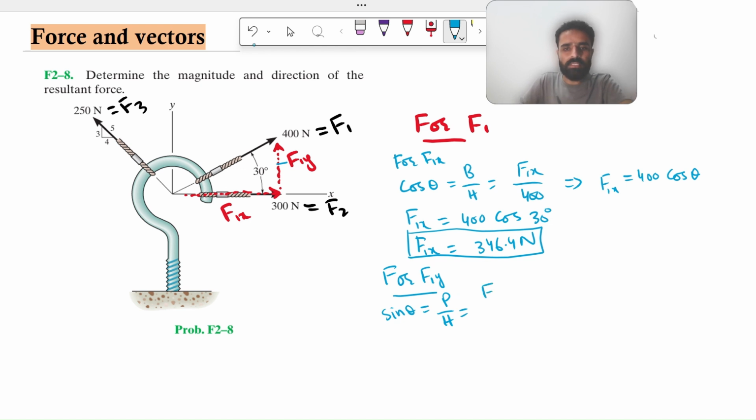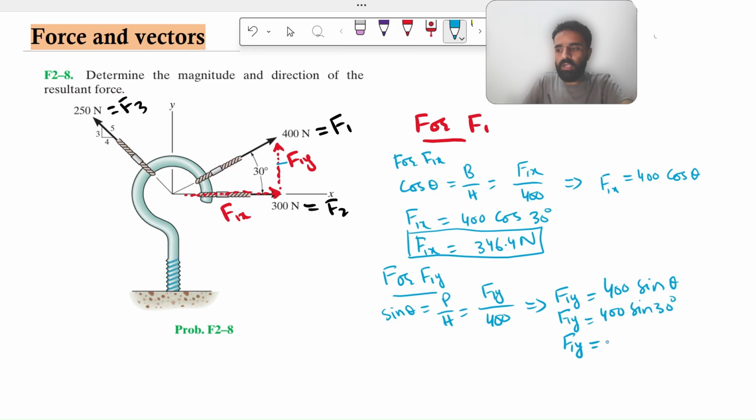The perpendicular is F1y and the hypotenuse is 400. Shifting the 400 to the other side, F1y equals 400 sine of theta, where theta is 30 degrees. So the value of F1y will be 200 Newton.